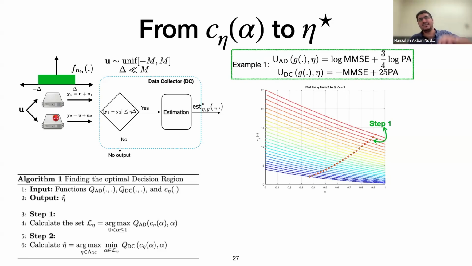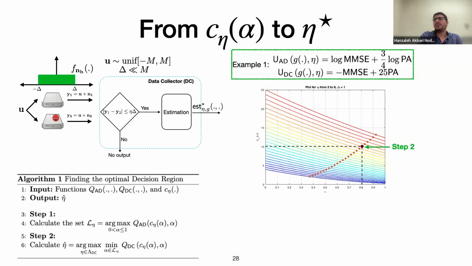In that case, the probability of acceptance and the MSE would be the point you can see by these green points here. We will do this for all choices of eta. Then among these green points, we will choose the value of eta that maximizes the utility function of the data collector.